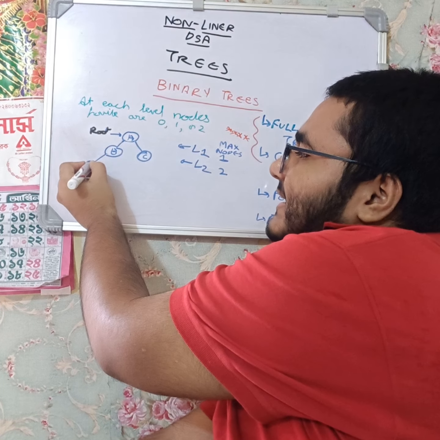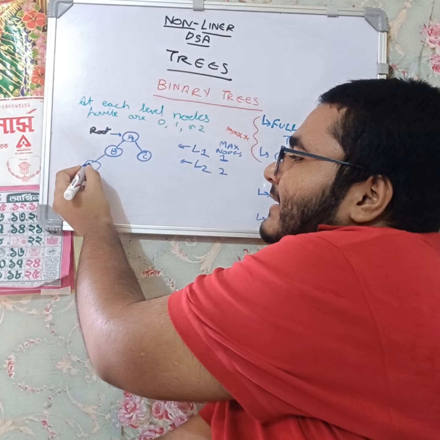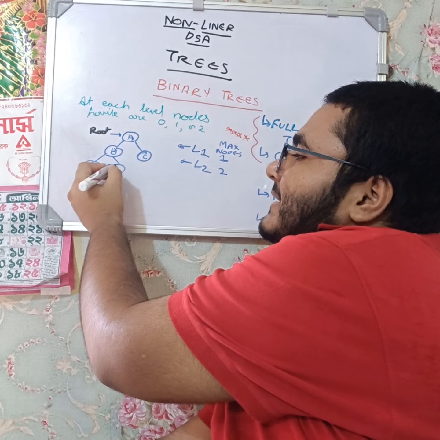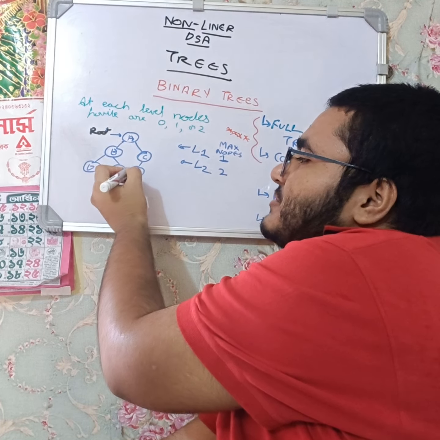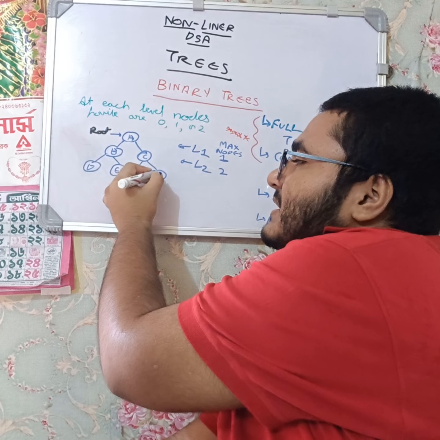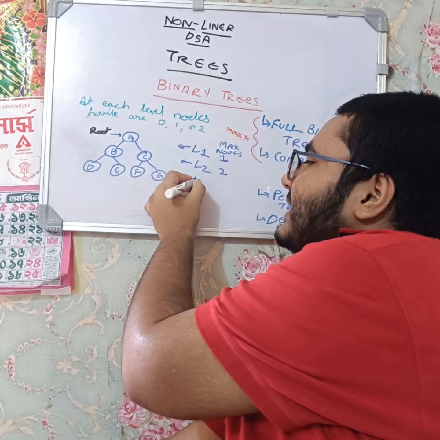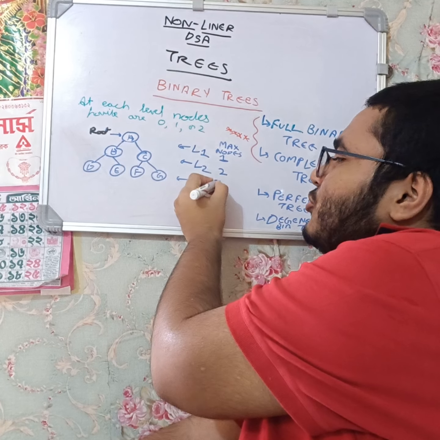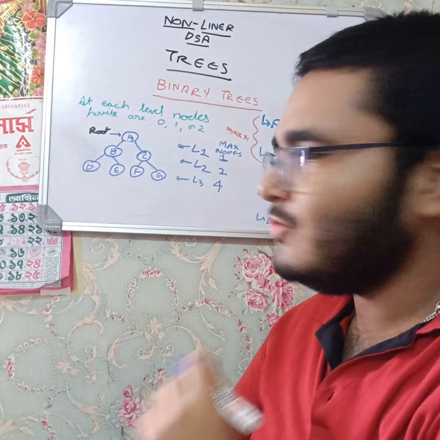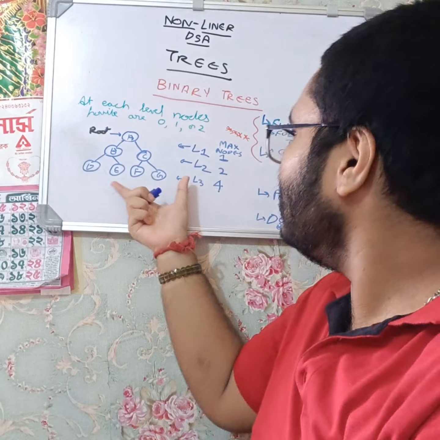At level 3, B and C can also have 2 children each. So maximum at level 3, 4 nodes are possible. Yes or no? Maximum 4 nodes are possible at level 3.